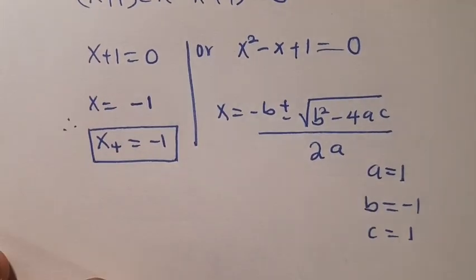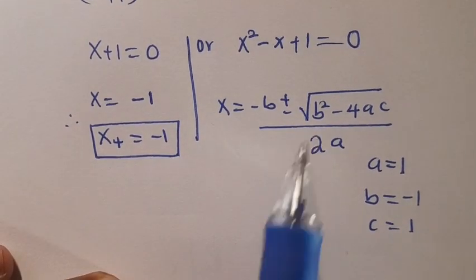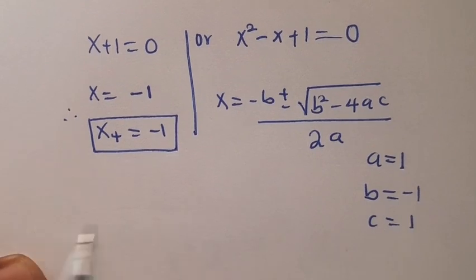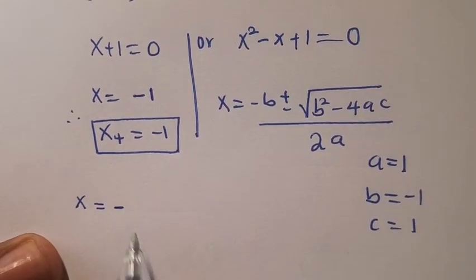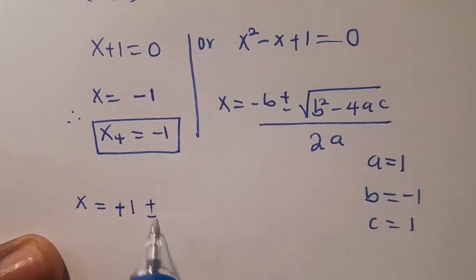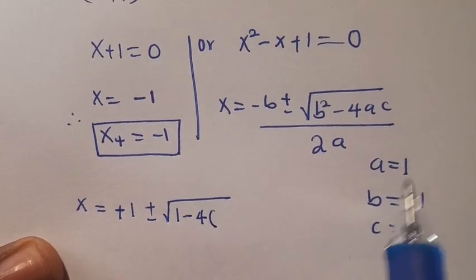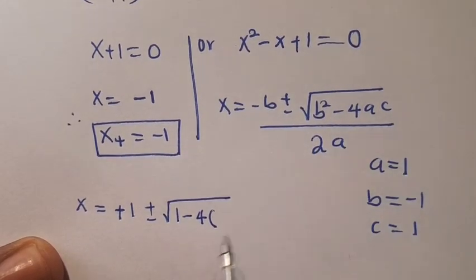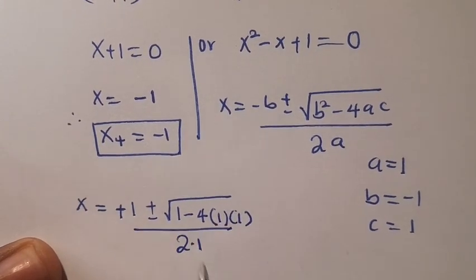So let's put everything together. Then we're going to have x equals plus 1, positive or negative, square root of 1 minus 4 multiplied by a equals 1, c equals 1, all divided by 2 multiplied by 1.